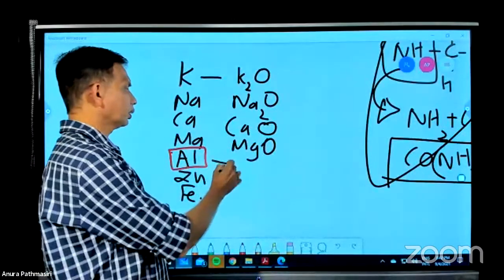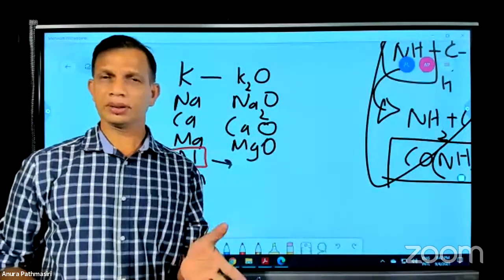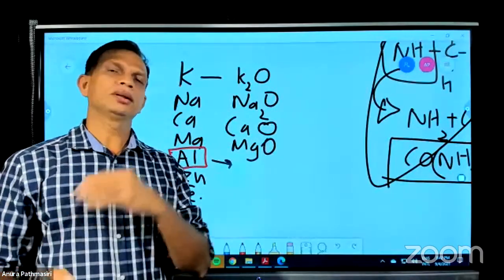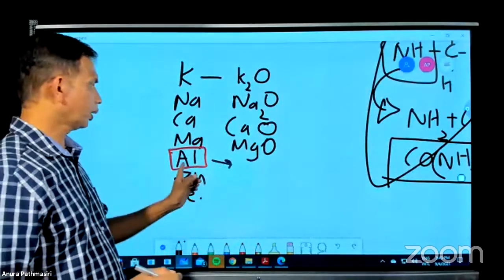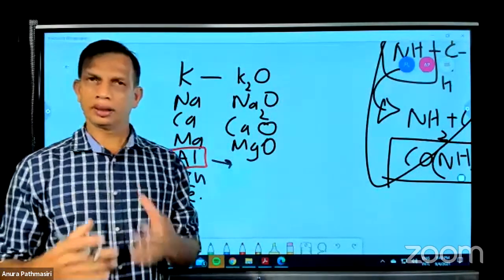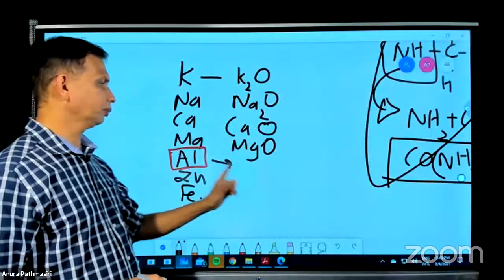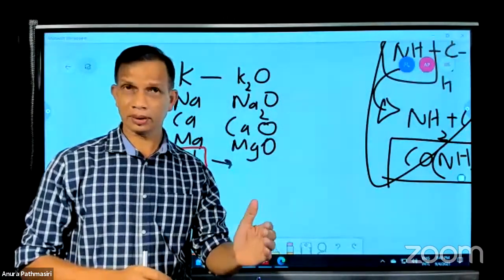But this aluminium shows, yes, they are basic oxides, but amphoteric oxide, that means it shows both acidic and basic qualities. Therefore, aluminium is a little bit different from the other elements, so it is put into amphoteric oxide.